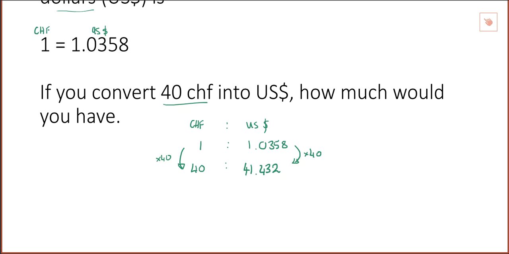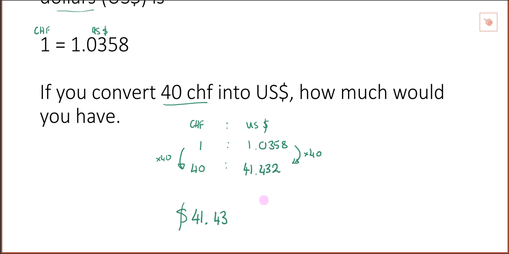For every 1 franc, I must get that many dollars. So for 40 francs, I've got to have 40 lots of that 1.0358. So the answer to this question would be 41.432 if you like, but we know that we should round our money to 2 decimal places.